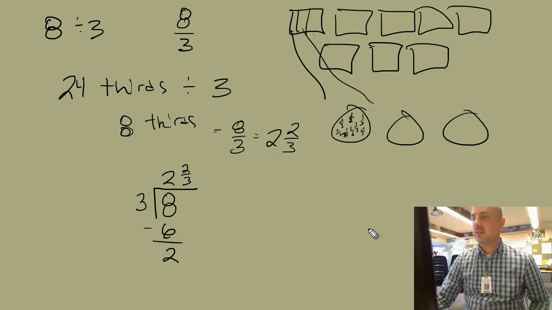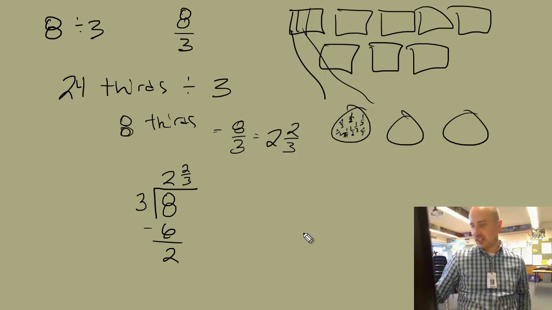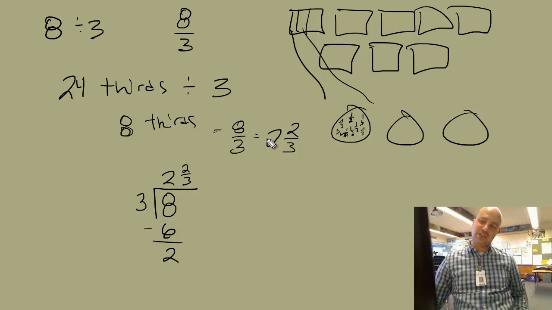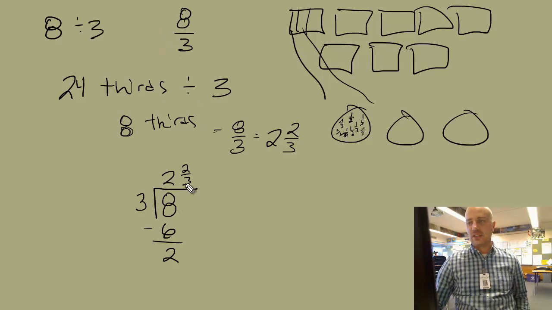Okay, I have different ways that I can go about getting the same types of answers, and ultimately what this exercise is about is just showing you that this equals this equals this, and they're all the same thing. Now if we check our answer here, we're multiplying this times 3, so 3 times 2 2/3. So let's just do 2 2/3 plus 2 2/3 plus 2 2/3, and that would be 2, 4, 6.